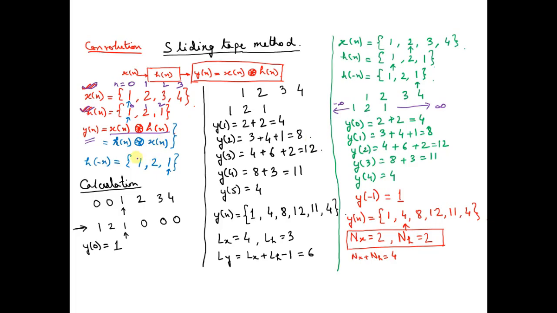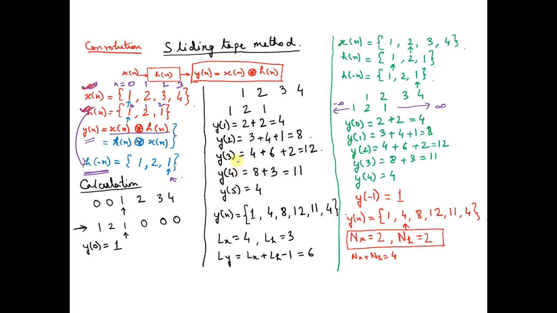Okay. Now as we have already discussed, we have to calculate h[-n] from h[n]. So across the origin we have to reverse the signal, right? So we get h[-n] equal to 1, 2, 1, where the last one is the origin.